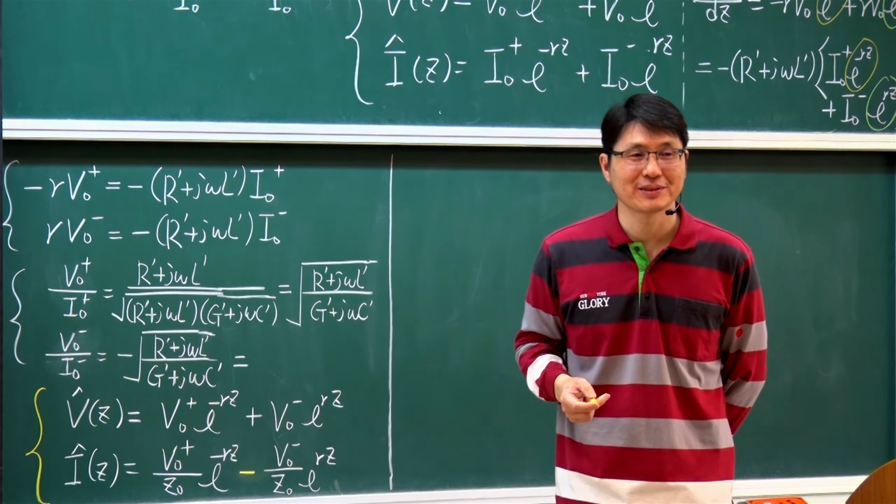What does the negative sign mean? So this is telling you I0 plus is equal to V0 plus divided by Z0, and I0 minus, the negative current amplitude, is the negative of V0 minus divided by Z0.